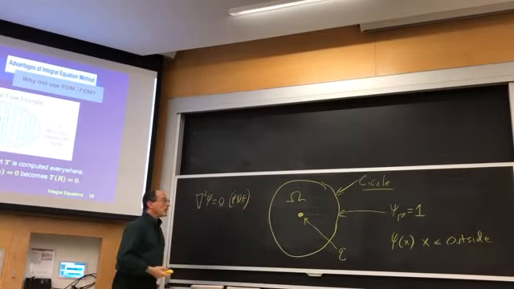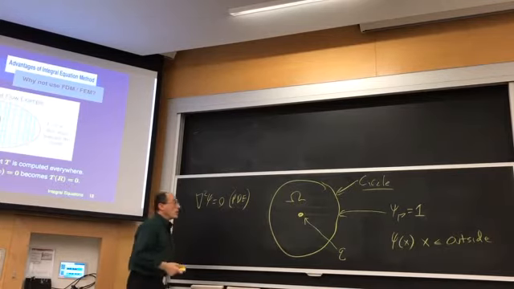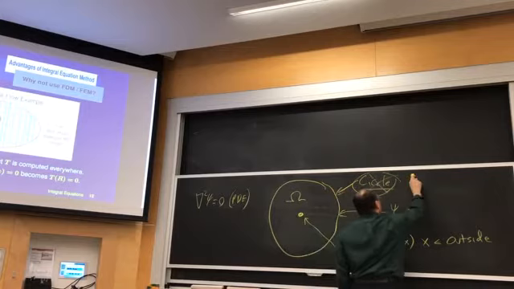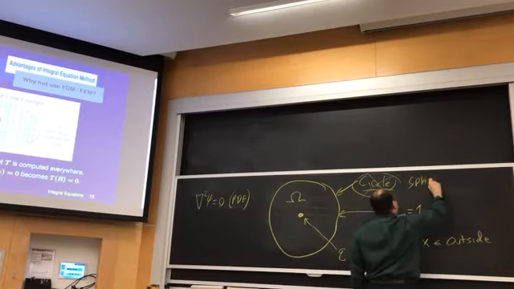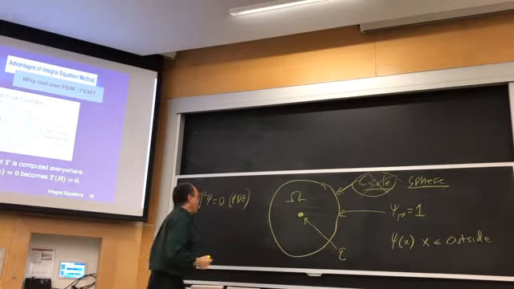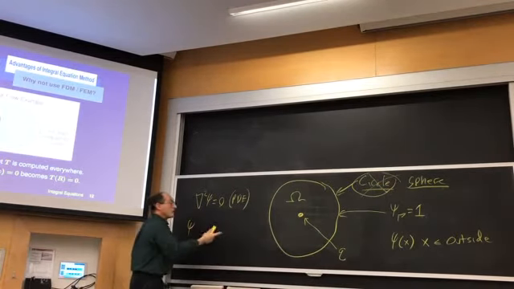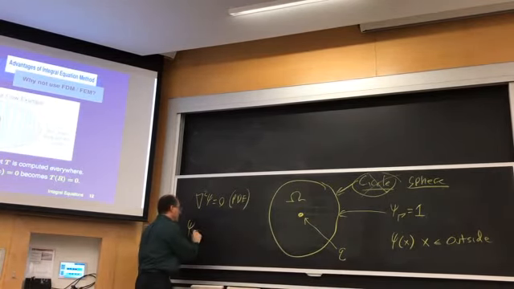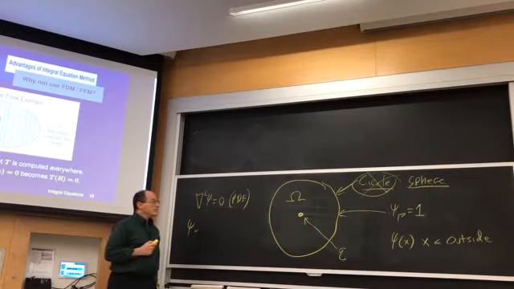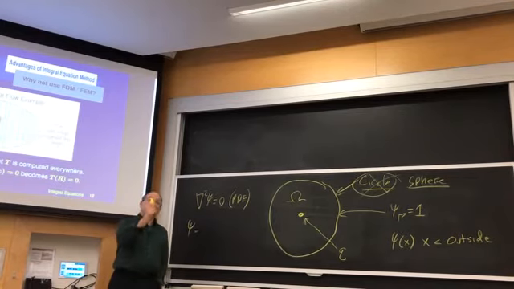If this were, instead of a circle, a sphere, I'm actually going to think of it as a sphere, because I want to think about the three-dimensional problem, since you're more familiar with that. If this were a sphere and I had a single charge in the center, what's the potential due to that single charge? I have a charge at a point.